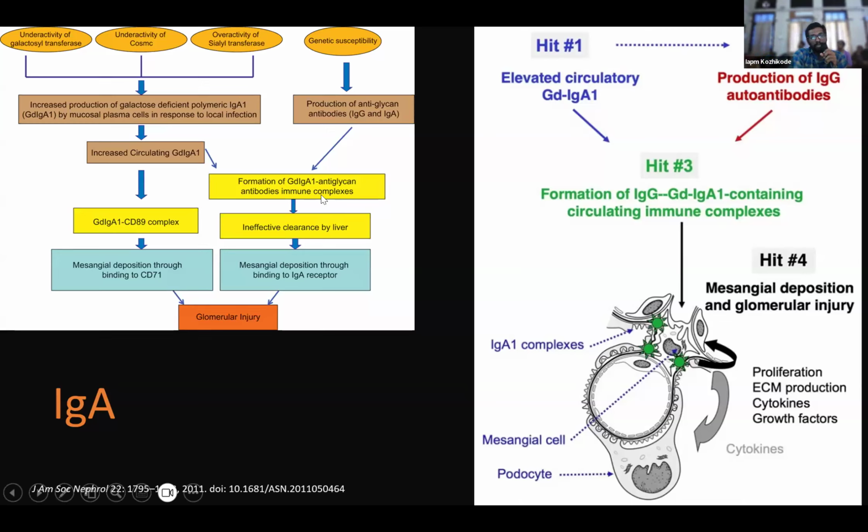We have the IgA, that's the first hit, an increase in this kind of glycosylated IgA. The second hit is production of IgG antibodies. The third hit is that it is going to get deposited in the mesangium and trigger local inflammation.